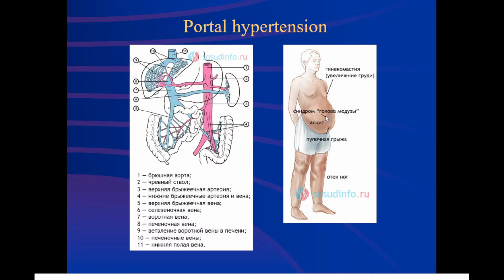Also, it can lead to varices formation. First of all, varices on the abdominal surface, like here. There can also be varices in the esophagus and in the rectum. In all parts where there are anastomoses of the vena cava inferior and vena porta, there will be hypertension in the veins due to portal hypertension and enlargement of the vein, which leads to varices formation.